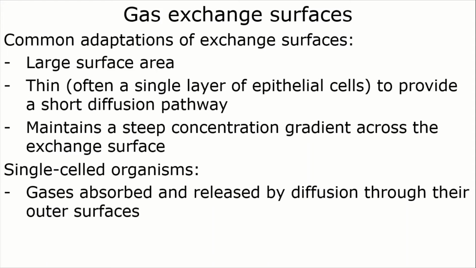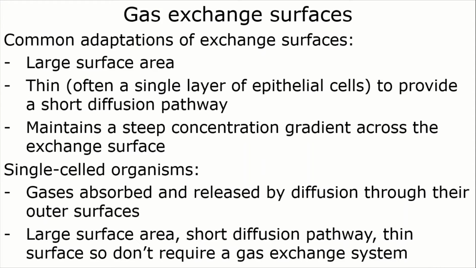So it just crosses from the outside of the organism to the inside or the inside to the outside. These also have a large surface area, a short diffusion pathway, and a thin surface, so they don't need a specialised gas exchange system.